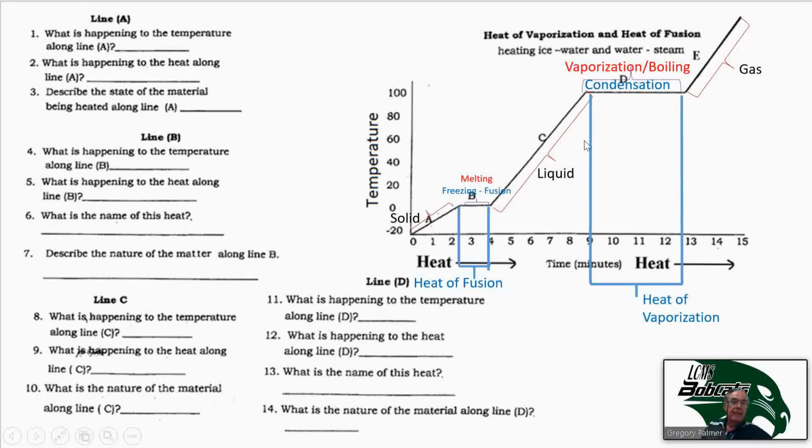The energy necessary to vaporize this liquid, or turn the liquid from a liquid to a gas, is called the heat of vaporization. So that's how much heat had to be added from 9 to about 12 and a half or a little more. That amount of heat is what it took to vaporize this liquid. And same thing with the heat of fusion, from about 2.5 to 4 is the energy that was necessary to turn the solid into a liquid.